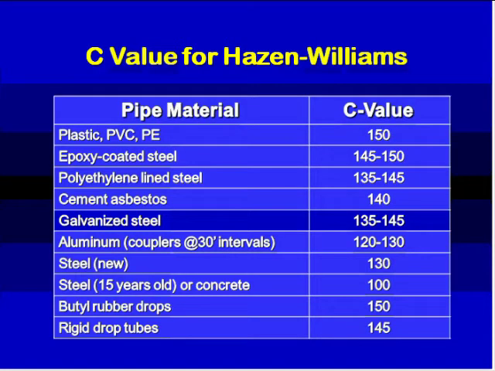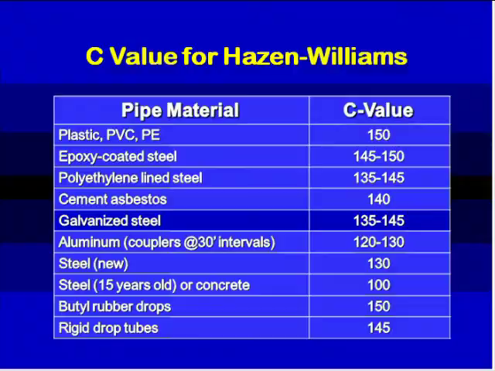If we look for the friction factor C value for different pipeline materials, these are the more standard ones that you might see out there in the field. Most center pivots, unless they're special order, are going to be galvanized steel, and that C value ranges from 135 to 145.